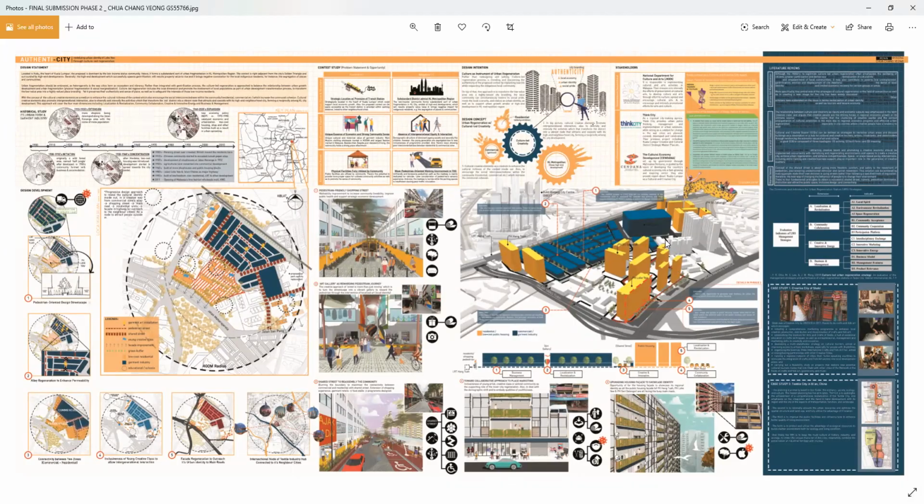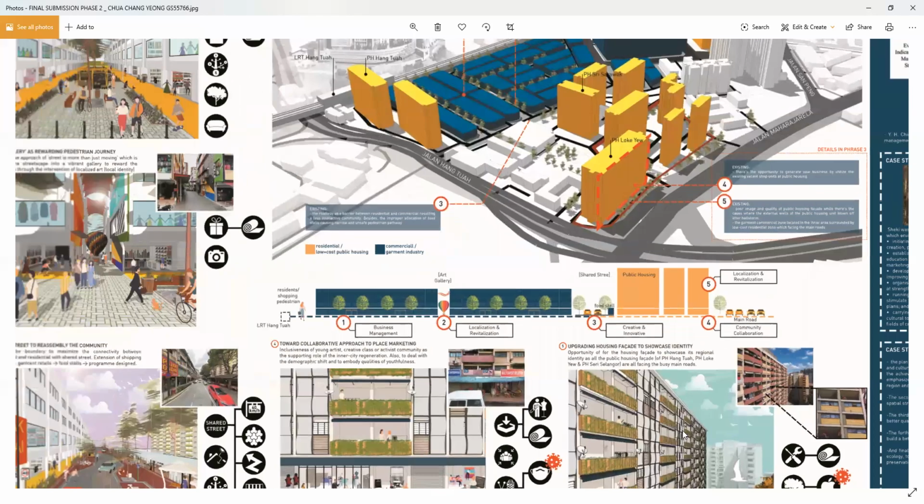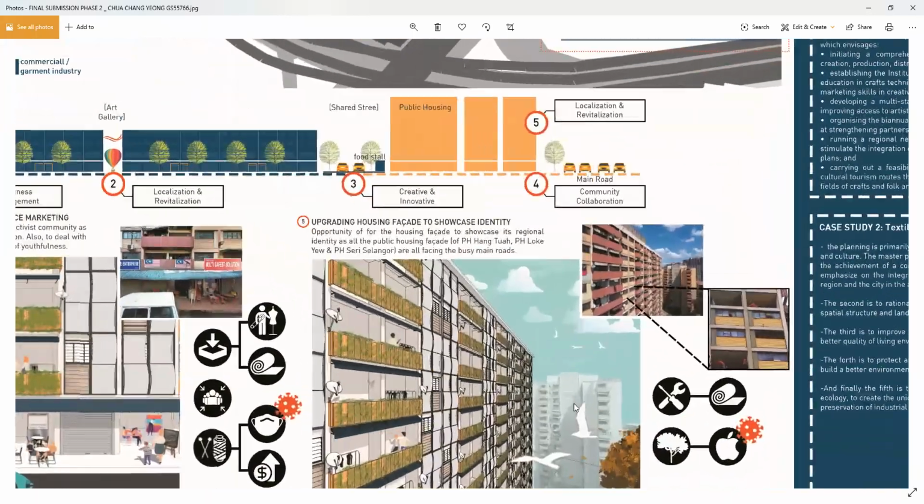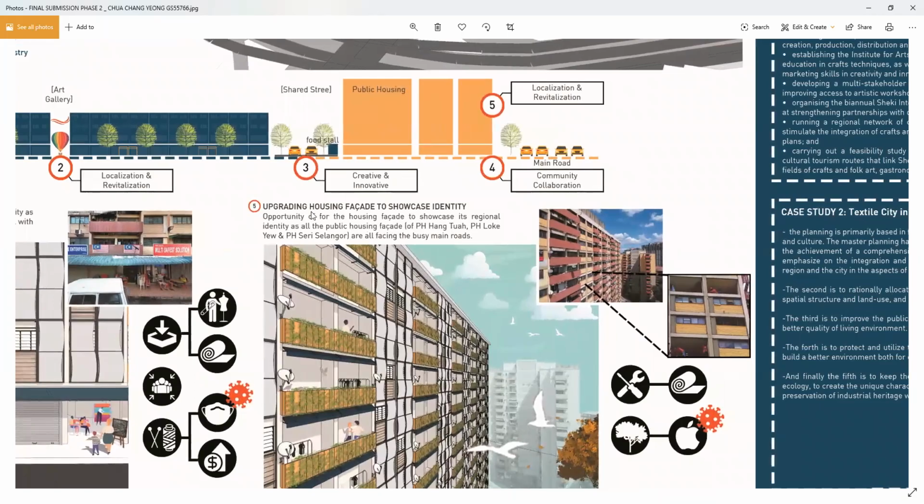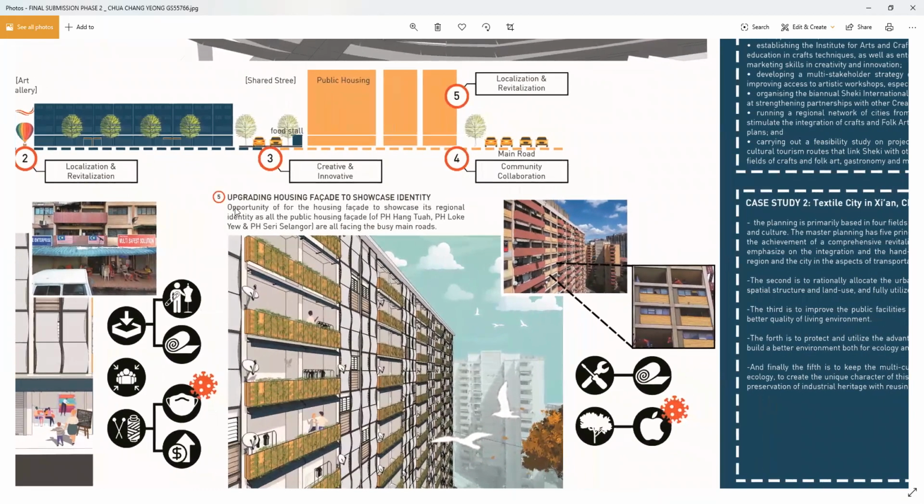What we can do to actually bring out the cultural identity inside out is upgrading the housing facade to showcase identity. The housing facade has the opportunity to showcase its regional identity, because all the public housing faces the busy main roads.